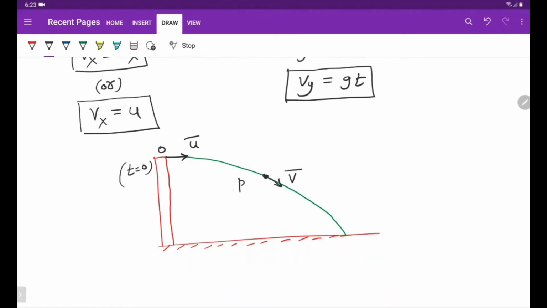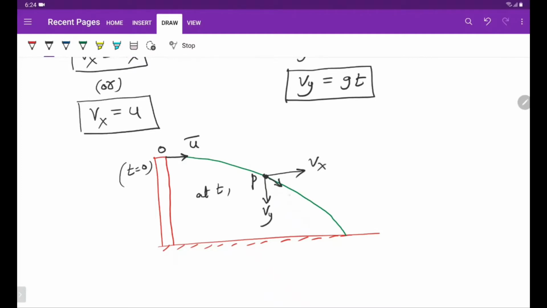After time t, the particle is now at point P. So it has two components: one vertically downward, and the other horizontally to the right, Vx.